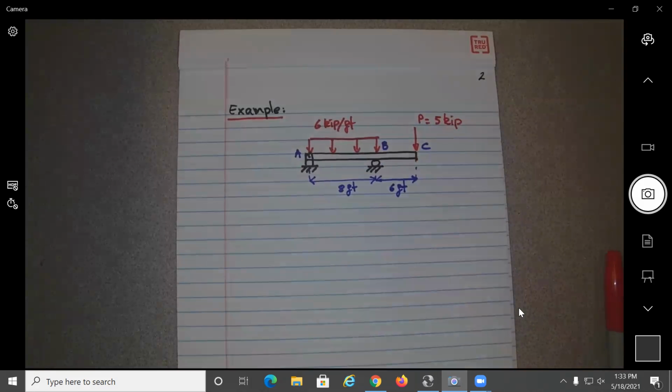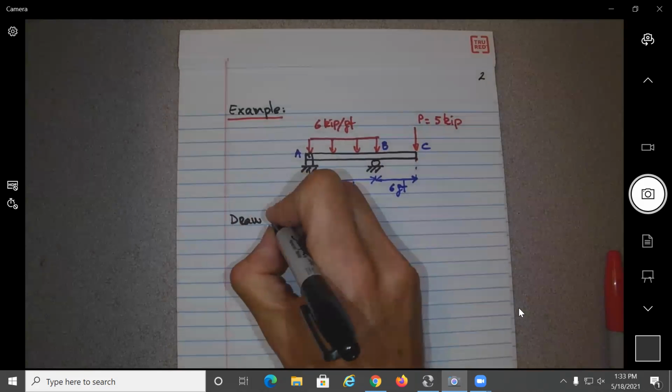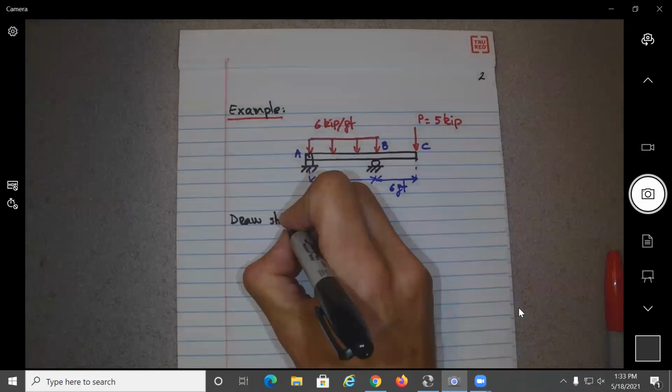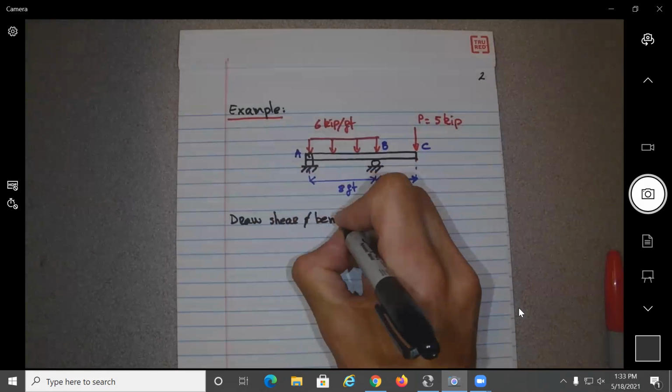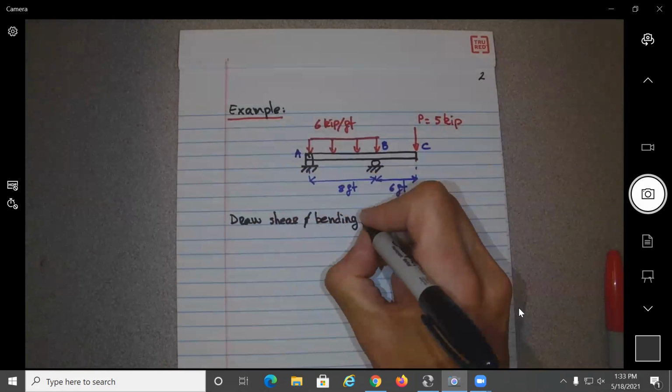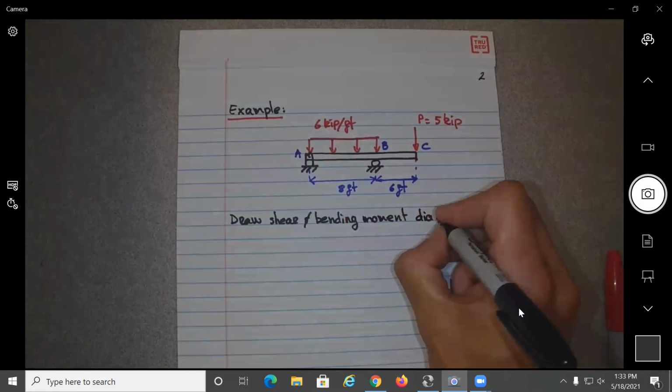So what's the question over here is to draw shear and bending moment diagrams.